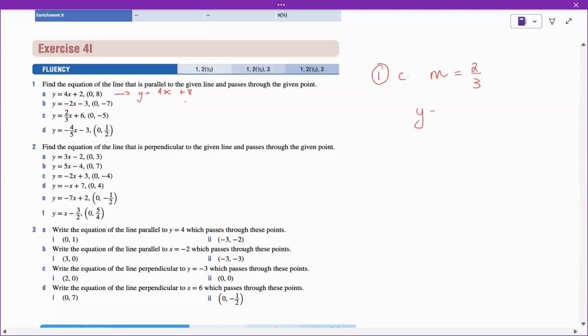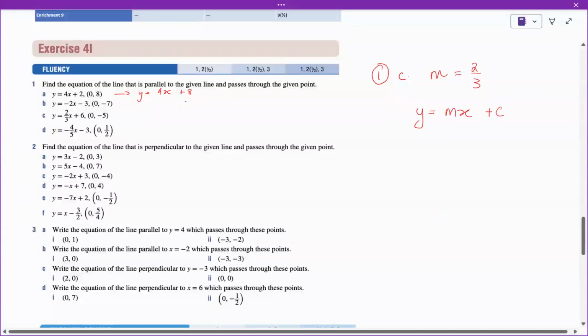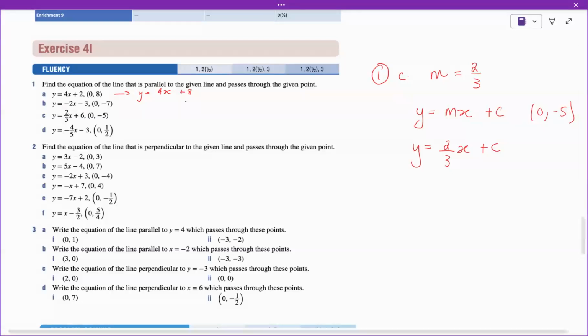Now, we know all lines exist in the form y equals mx plus c, and we're told it passes through the point (0, -5). Now, we know the gradient of my line is 2/3, so y equals 2/3x plus c. So all I've done is replace the gradient with 2/3. Right, now we're going to substitute in the point. y is -5, x is 0, plus c.